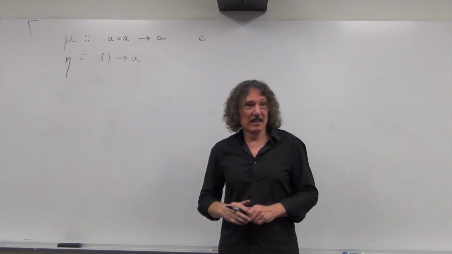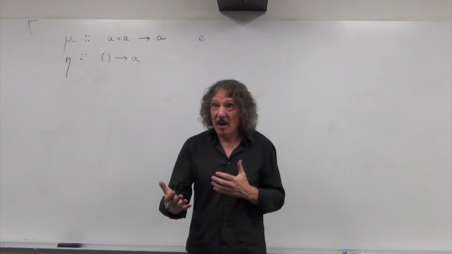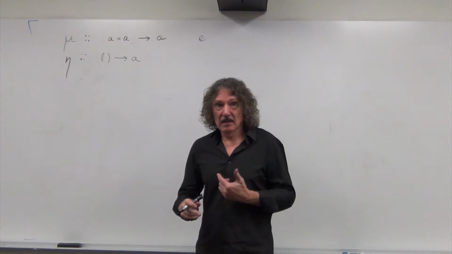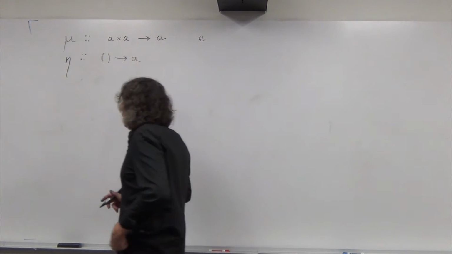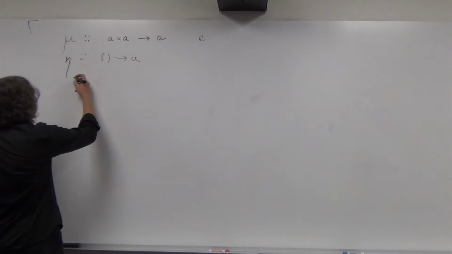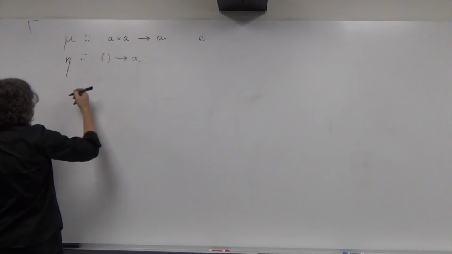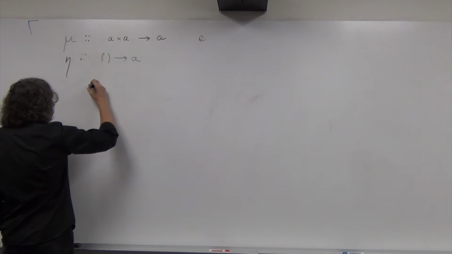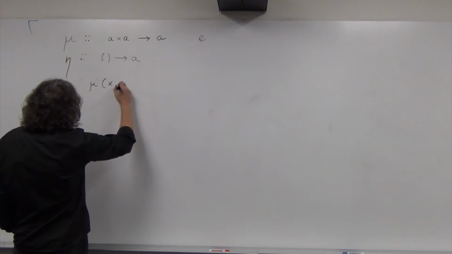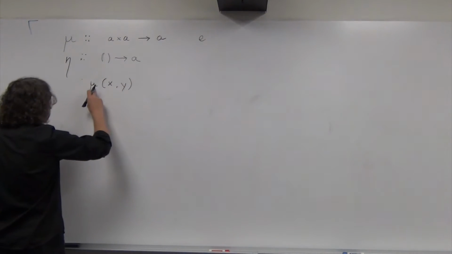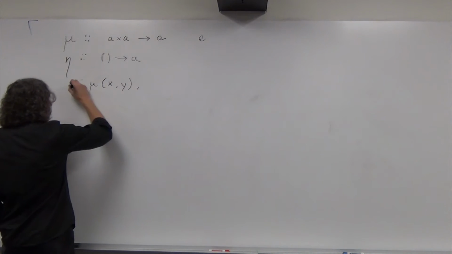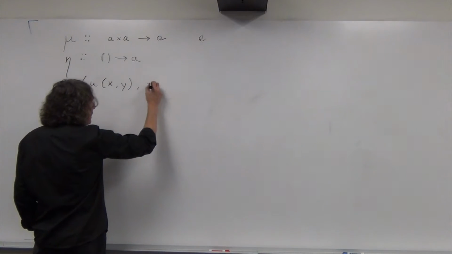A monoid really sits in monoidal laws, which are two: associativity and the unit law. So how do we write associativity? Associativity is really, in terms of these guys, we would multiply x and y, so mu acting on a pair xy, and then multiply it by z.